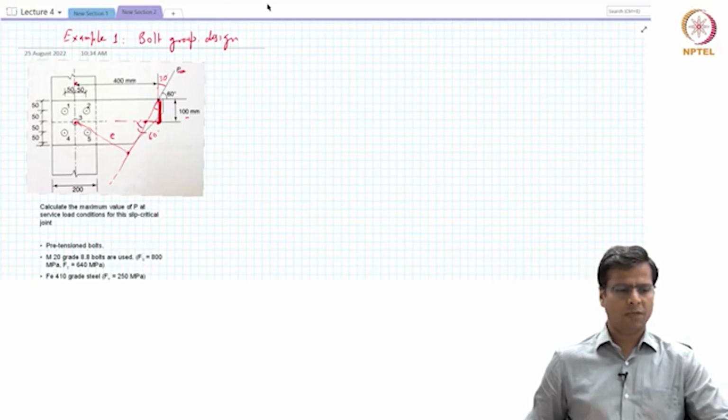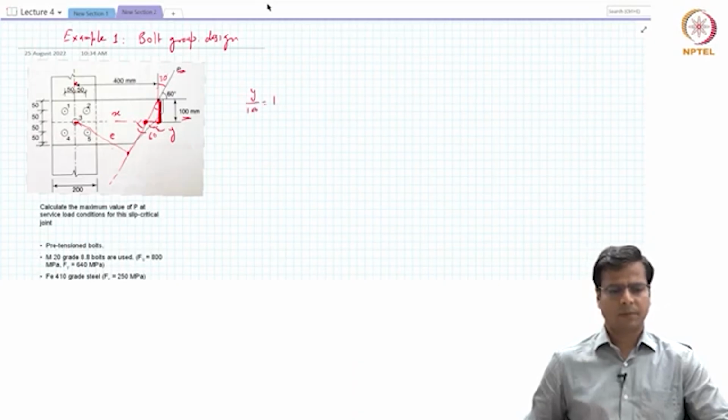Now, if we want to know E, we can first calculate, let's call the distance from the centroid, that is bolt number 3, to this point X, and let this other distance be Y. Now we can relate Y and this distance of 100 millimeters as Y divided by 100 equals tan 30.